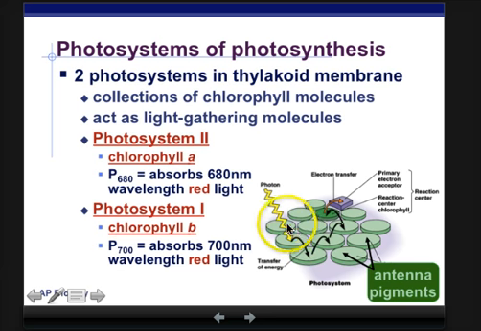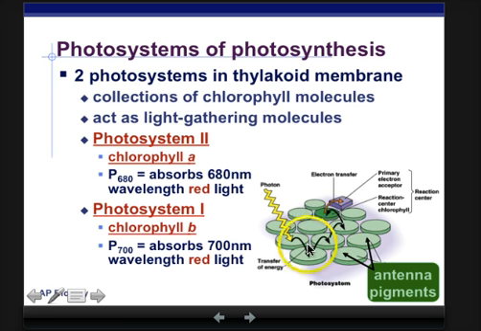This is showing you the thylakoid, how light comes in, gets chlorophyll excited, and then we start hopping around some electrons.